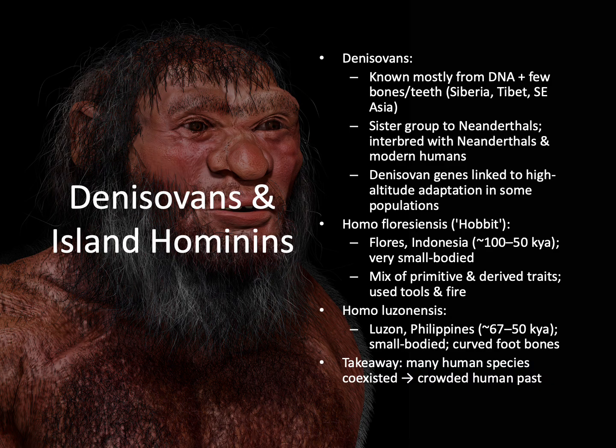Neanderthals in Europe and Western Asia, Denisovans in parts of Asia, island hominins on places like Flores and Luzon, and anatomically modern Homo sapiens emerging and spreading out of Africa. Some of these groups interacted and interbred. Others may have remained more isolated. But the big takeaway is that we are the last surviving branch, but not the only branch that ever existed.